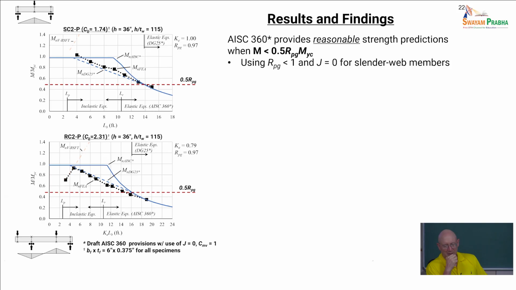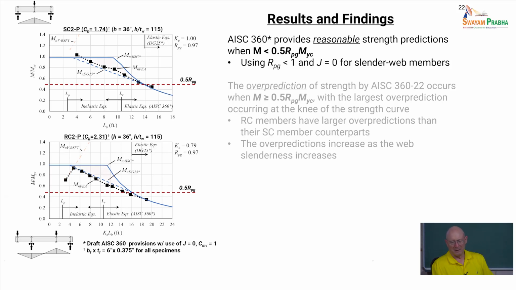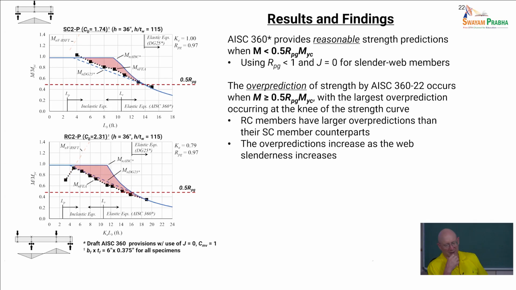It's slender web, so the calculation is basically the same, or nearly the same calculation as what's in Design Guide 25 for designing frames using non-prismatic members. What we can see here is that there's, again, fairly substantial overprediction.